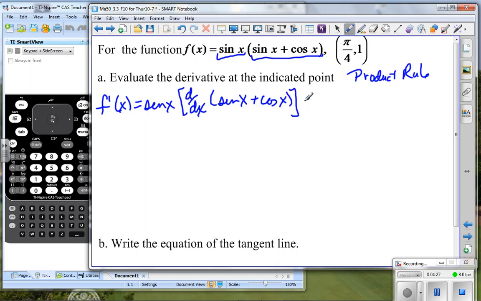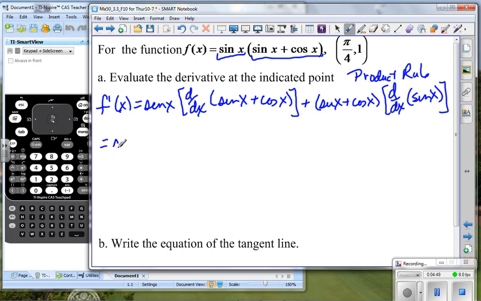Now is it plus or minus? And again, because it's product, we add here, plus the second factor times the derivative with respect to x of the first factor.